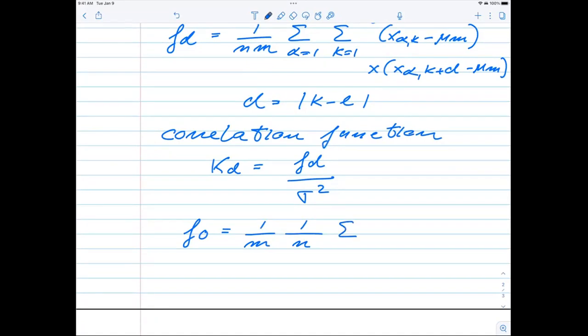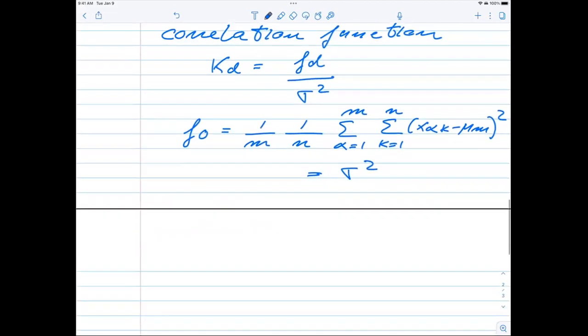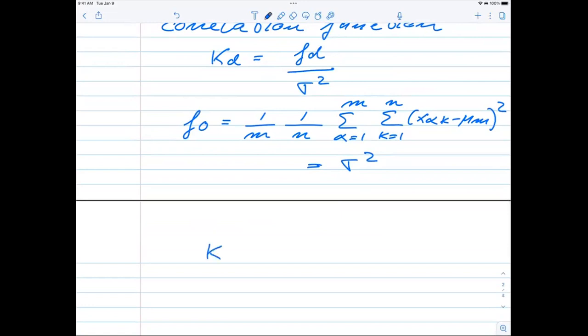So if you look at f of 0, this is simply alpha equal to 1 up to the number of experiments, and then I have k equal 1 up to n because d is 0, and then I get simply x alpha k minus mu of m squared. And that quantity here is simply sigma squared. So that means that this function k of 0 is equal to 1.